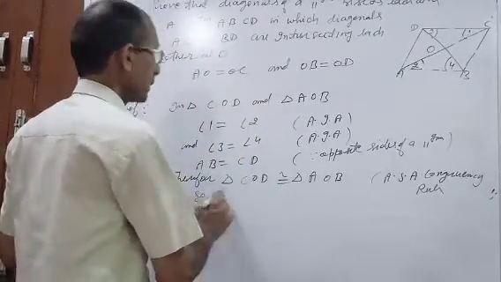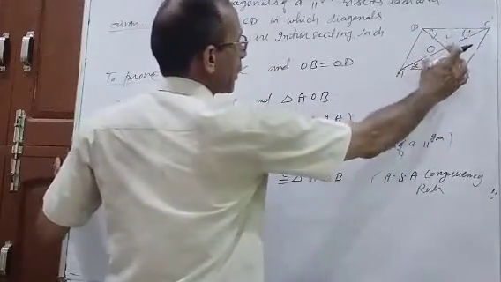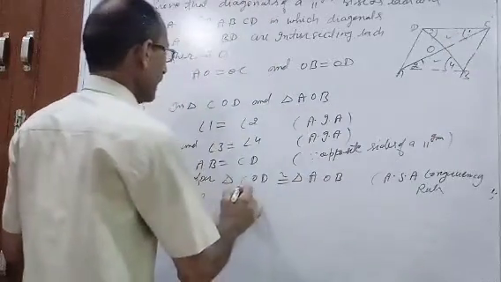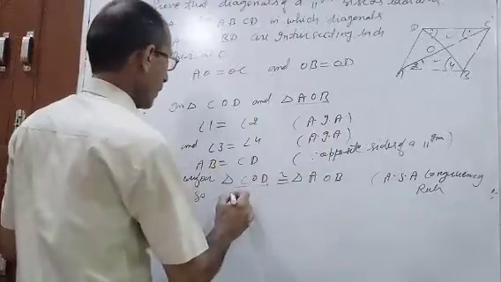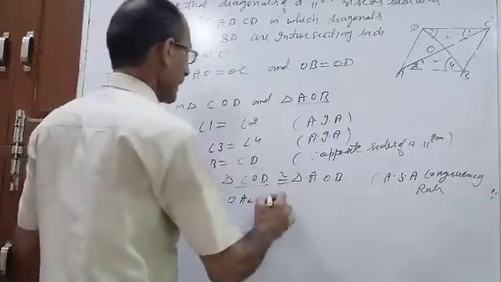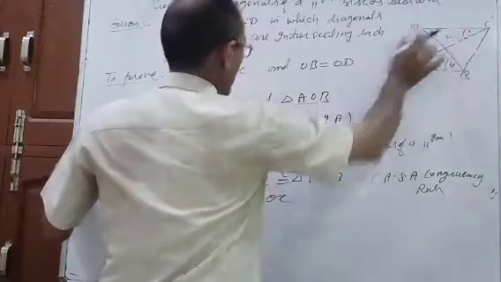Because this triangle is congruent to this one, the corresponding part OA in triangle AOB is OC in the other triangle. This part is equal to this one, and this part is equal to this one.